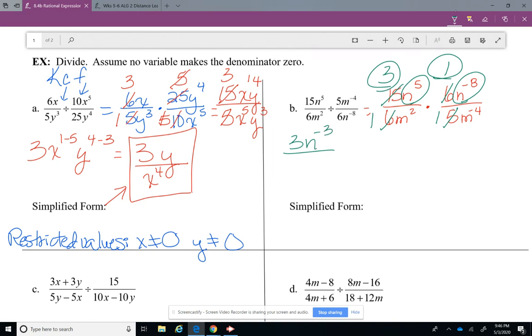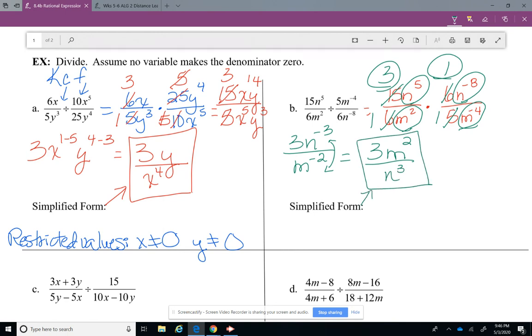And in the denominator, I have a 1, but I'm not going to write it. I have m squared and then m to the negative 4. So 2 minus 4 is m to the negative 2. You can switch both of those and turn their exponents to positive. So 3m squared over n cubed. And that is our simplified form.